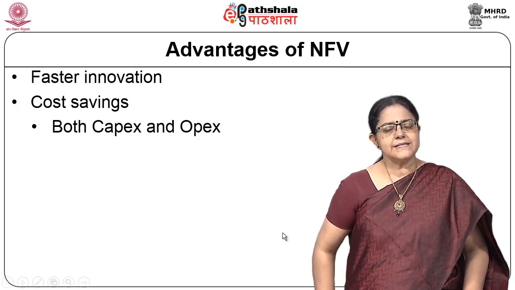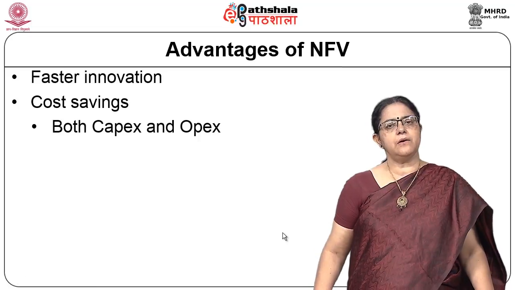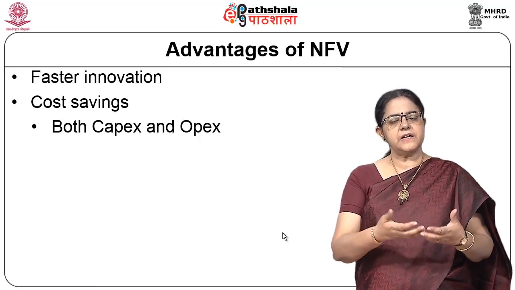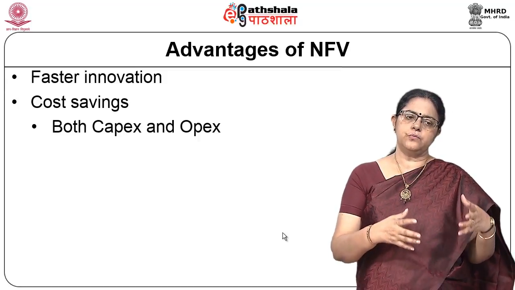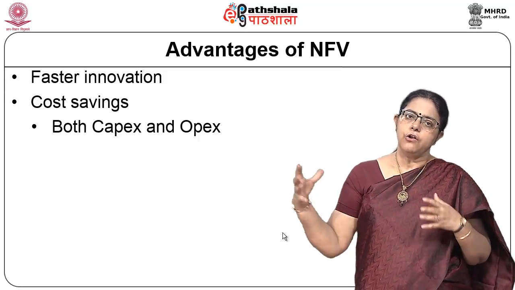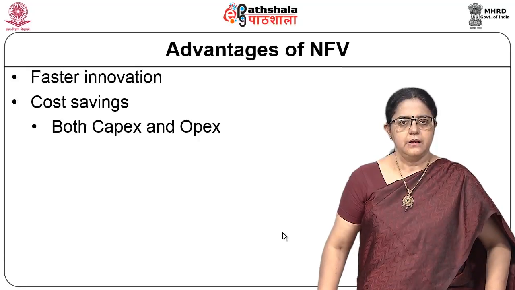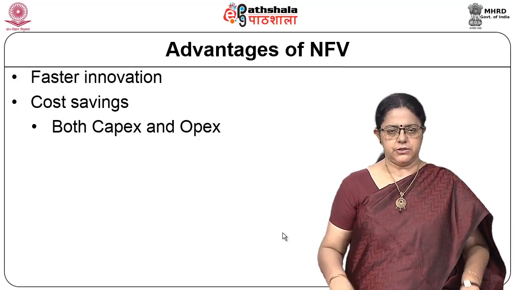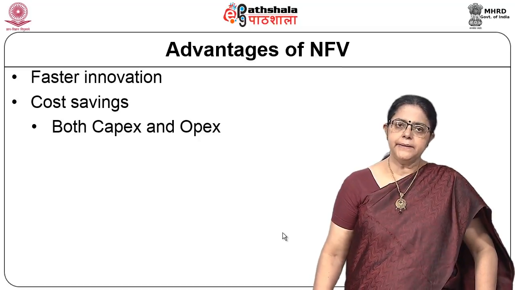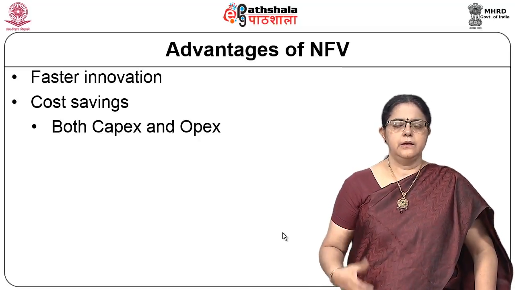So, cost savings, how is the cost saved? Because the functionalities are decoupled from the physical network. So, with the same physical network, a lot more functionalities can be implemented, and better manipulation can be done, thereby improving the cost.